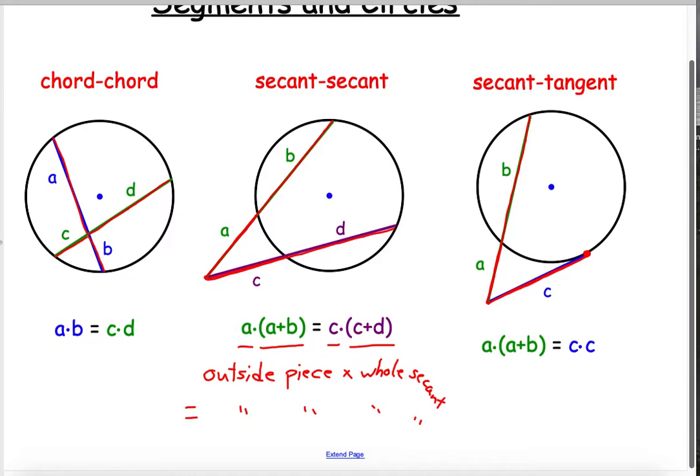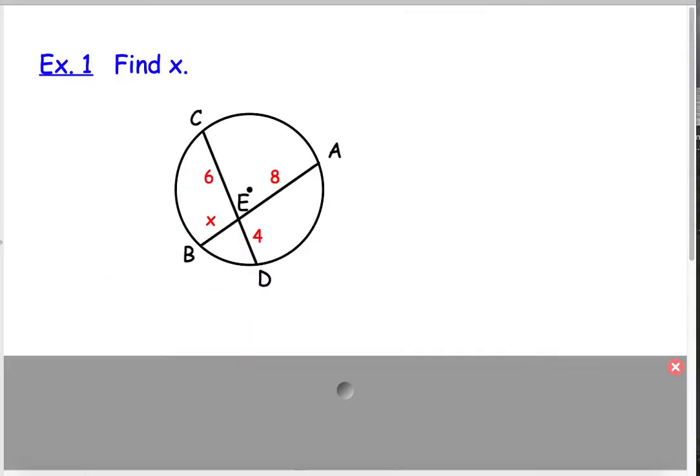All right, so let's work through some examples of each of these so you get the hang of it. So the first one here is we have to figure out the length of the segment that's referred to as X. So I'm going to write this out a little bit more than you normally would, just so you get the hang of it. So I'm going to draw a segment CE in green and ED in blue.